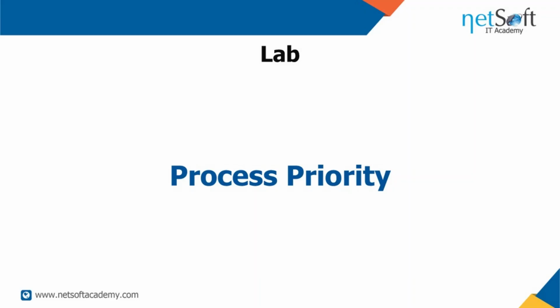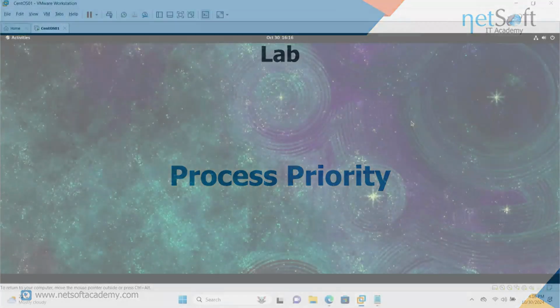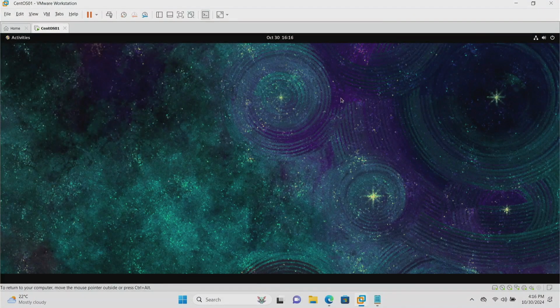In this episode, we're going to talk about process priorities. Now, how that works is based on nice levels. A nice level is really a rating from -19 all the way to 20. -19 means the process which is given this nice level is extremely prioritized.